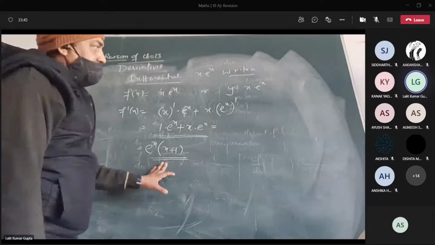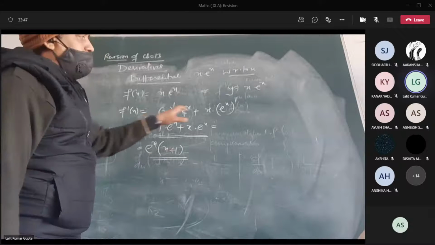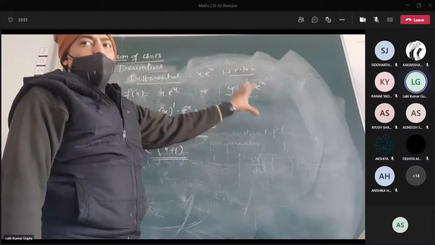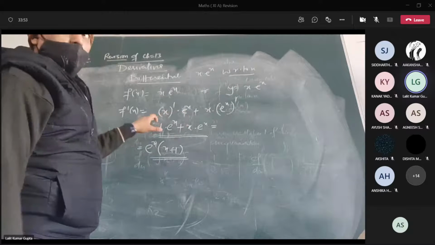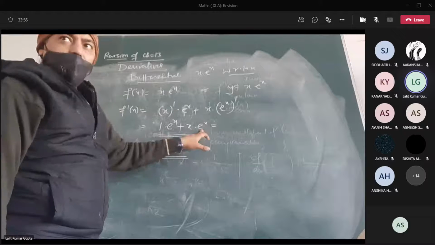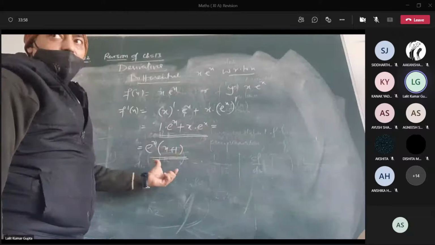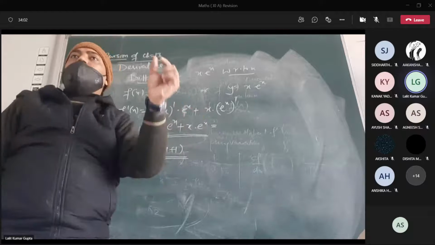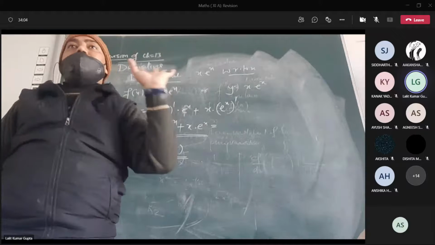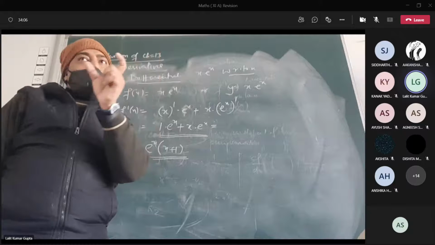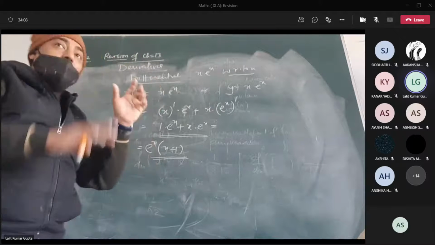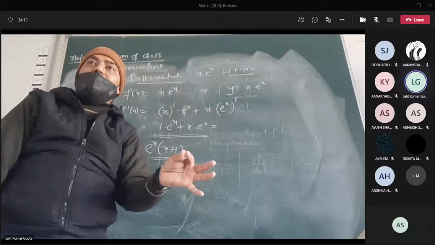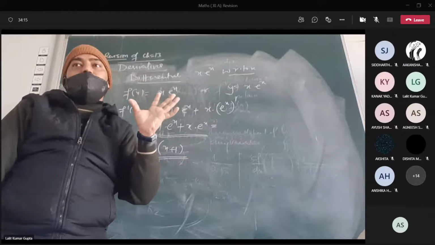Should I repeat this again, beta? This is the presentation, beta. In the first step you have to show which rule you are applying, right? This is the rule you applied, and this is the derivative, and the next step is simplification. Always remember, in calculus you have to give the last calculated answer. This is the line I always use, because in class 12, out of 13 chapters, 6 chapters belong to calculus.